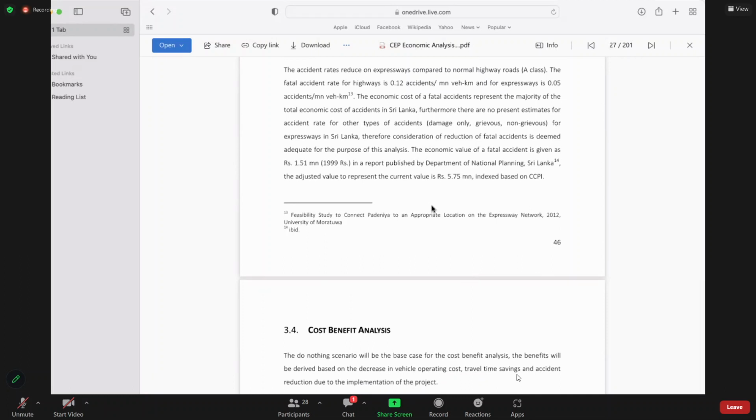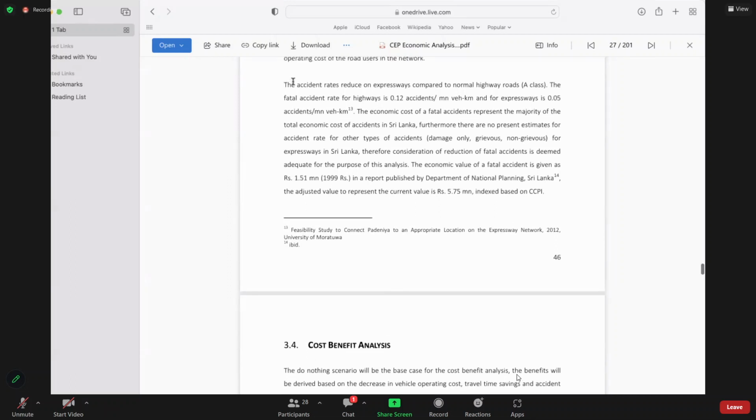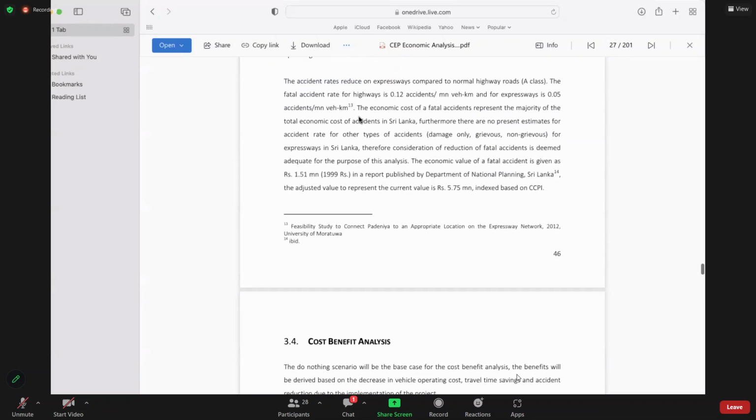So we talked about availability of data when we are quantifying these costs and benefits. Say, for example, the reduction of accident rates. So they say in Sri Lanka, we don't have any present estimates for accident rates, such as damage only type of accidents, grievous or non-grievous type accidents for expressways in Sri Lanka.